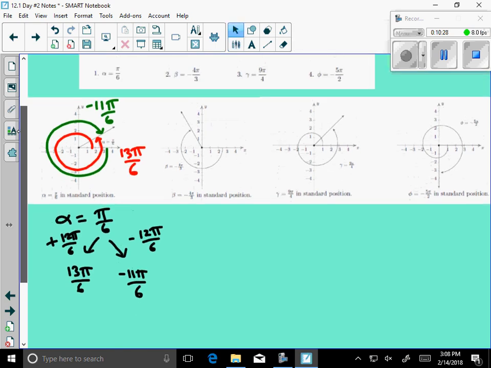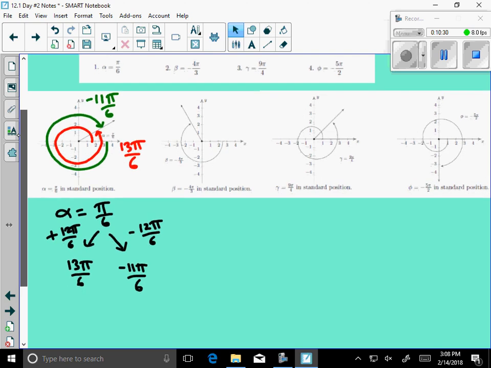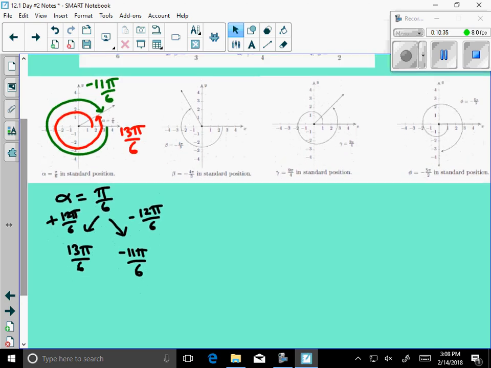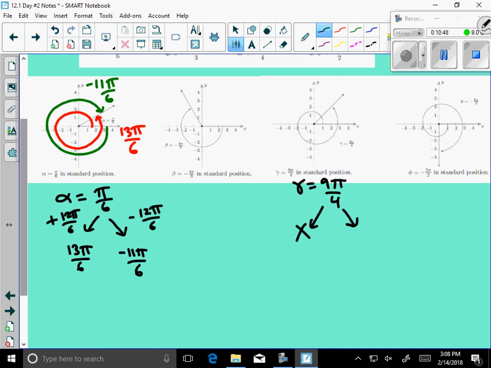I'll go with gamma, problem number 3. How about that? So let's take 9 pi over 4. Gamma equals 9 pi over 4. And I'm not going to add, right? Because that's going to give me a larger positive. And if I just subtract twice, I'll get 2 positives.